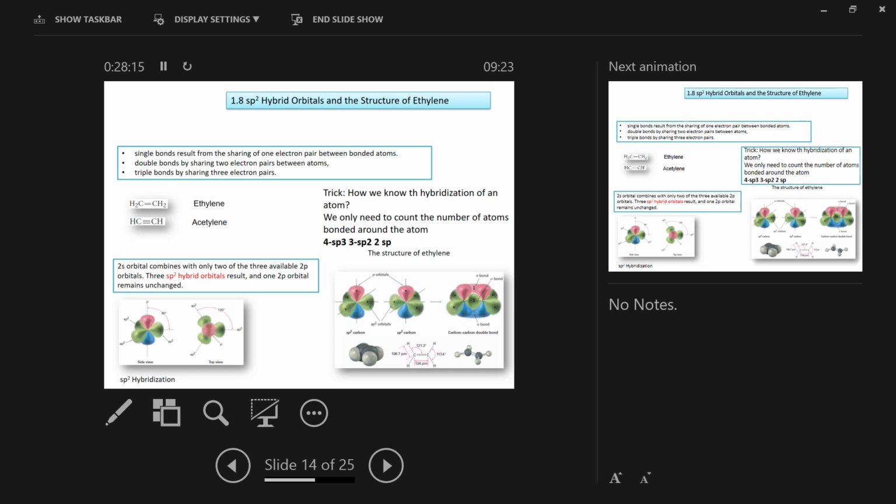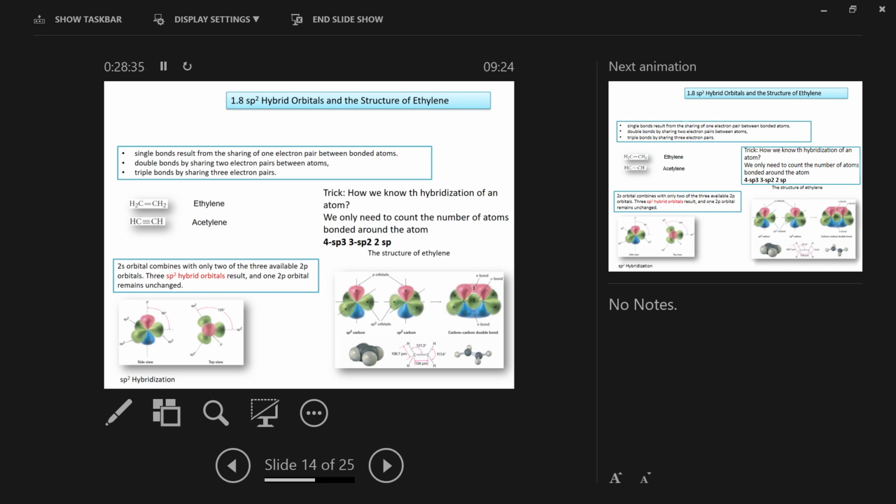Okay, and the angle between one and another is 120. That's easy. A circumference has 360. We divide by 3, 120. That means that the angle between the different substituents in sp2 hybridization will be 120.